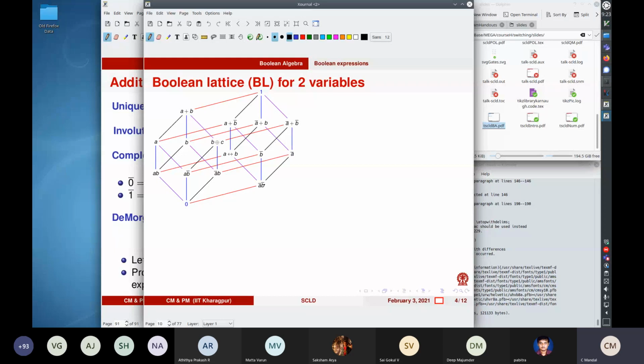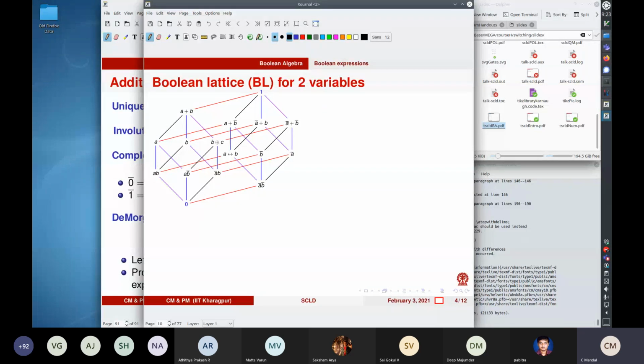So these are your atoms in your Boolean lattice. And based on these, you are able to construct, so if you consider the join, as you have seen just some time back, using the Stone representation, you're considering various subsets.